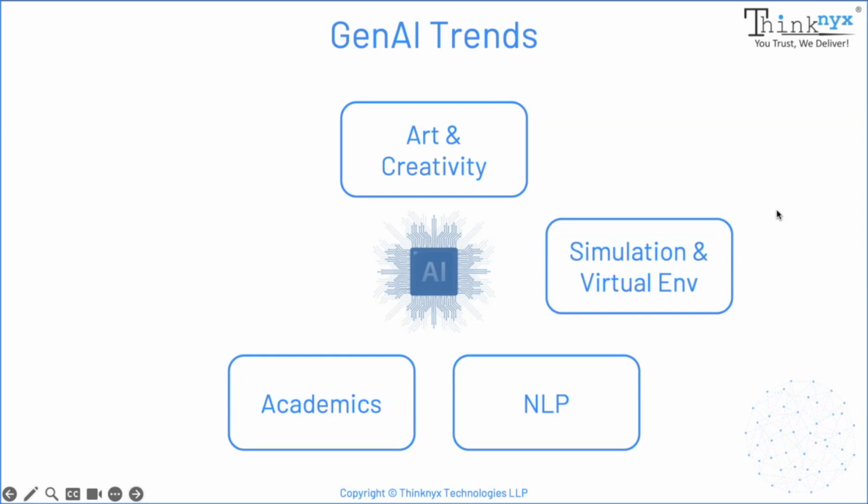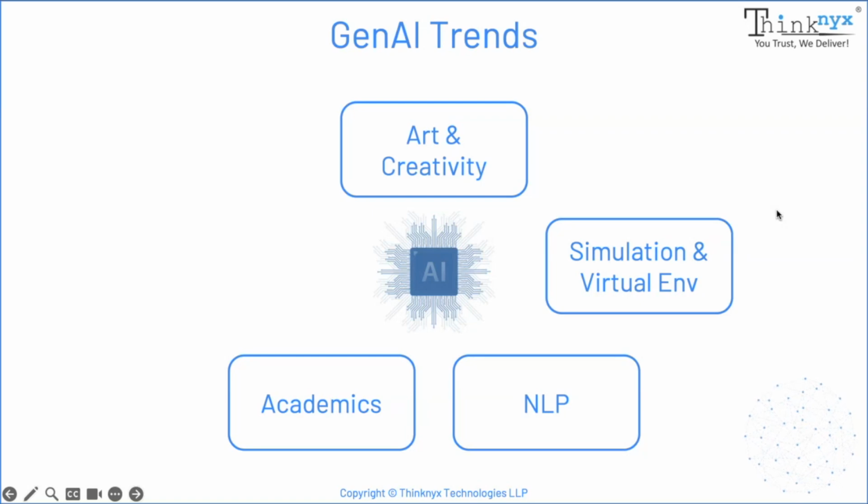The people who create the entire course content and subjects for any academic body are just 2 to 3% of all the professors we have. What we can do is, the other 95% of the professors can use generative AI, and they can understand what the subject is, what the concept is, create some examples, then brainstorm, create their own examples, and then teach students. So in academics also, it is creating a lot of buzz.